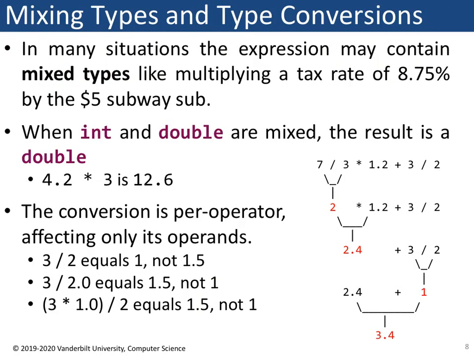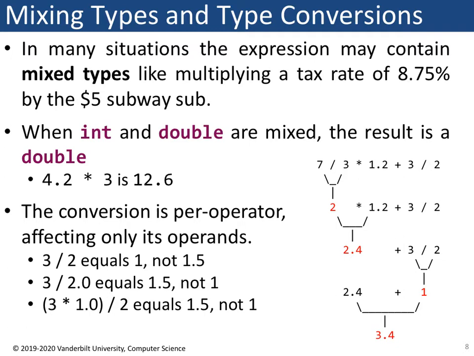But often it's not realistic to have expressions which are entirely of a single data type. So what happens when we mix integers and reals, ints and doubles? A similar situation would be if we wanted to know how much tax we were going to have to pay on a $5 Subway sandwich given an 8.75% tax rate.